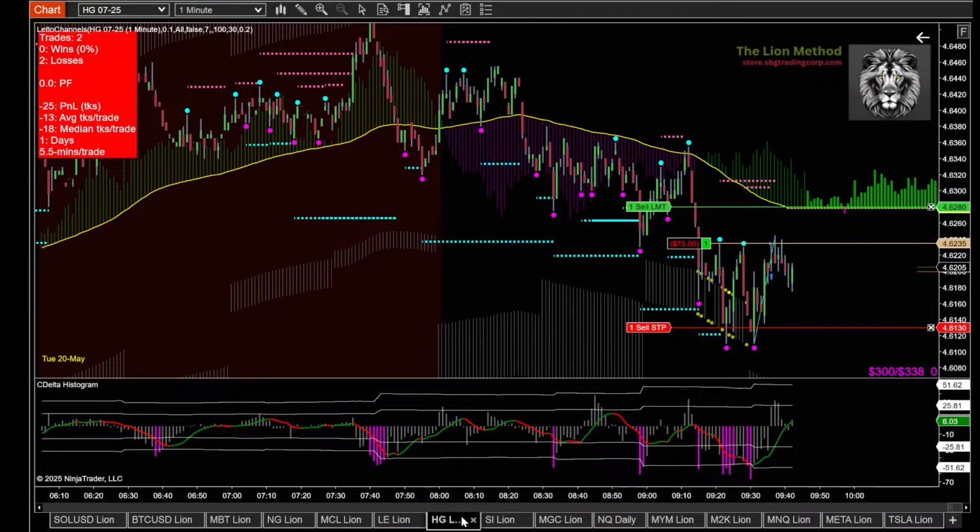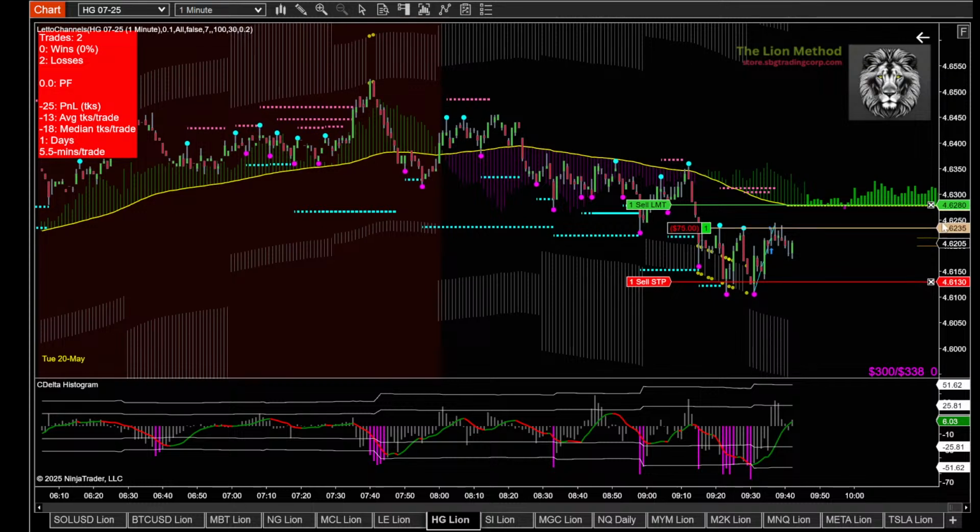I like to get out of a trade if it's not performing right away. This is not our ideal trade. This is not what we like.